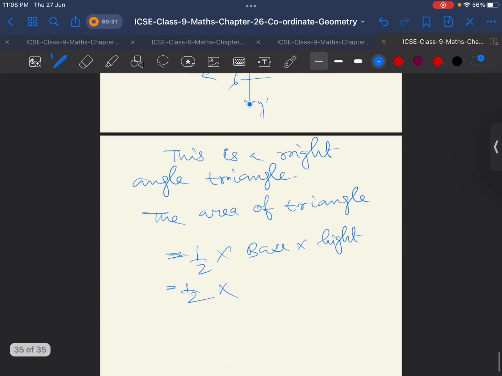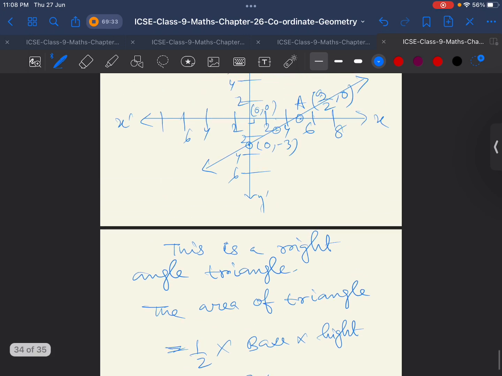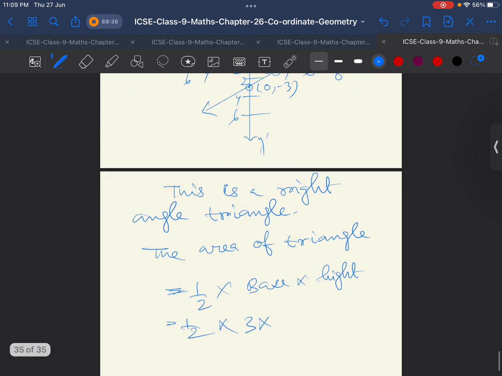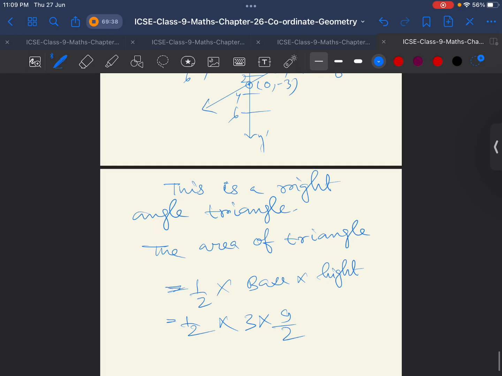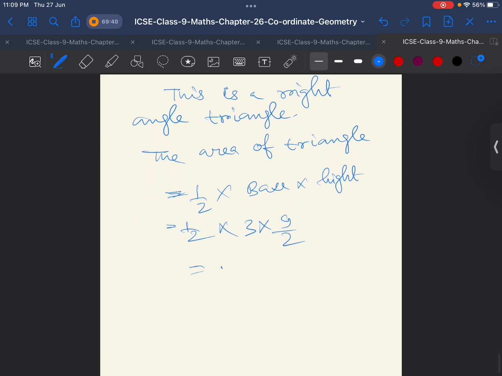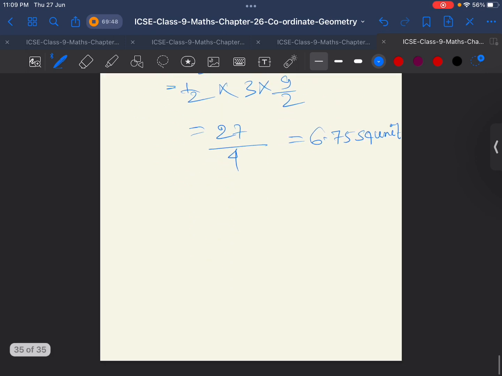So the length of the base is 3, okay, and the height is 9 by 2. So the area is 27 by 4, that is 6.75 square units.